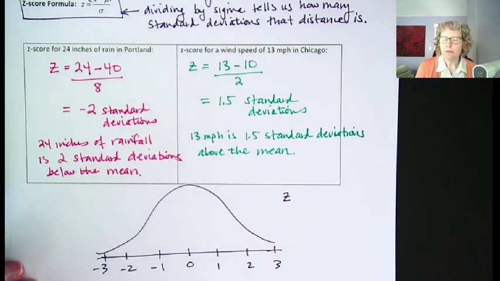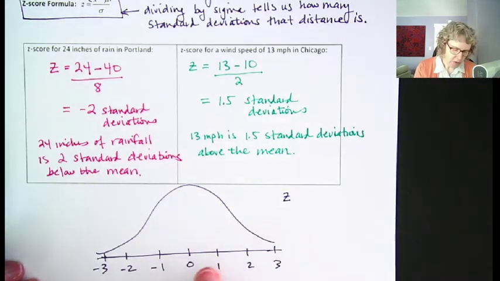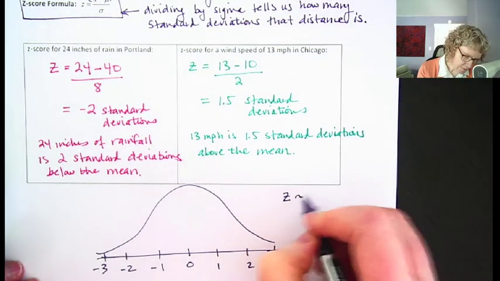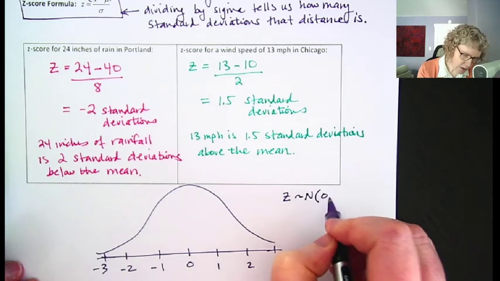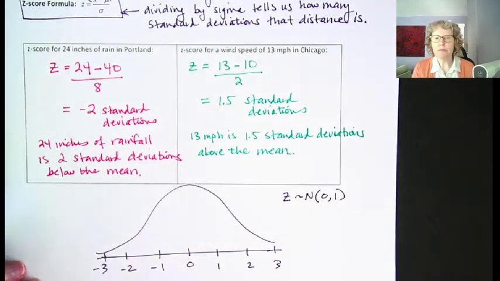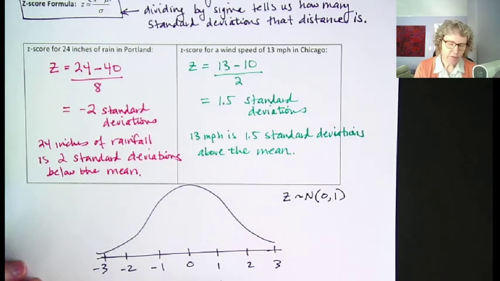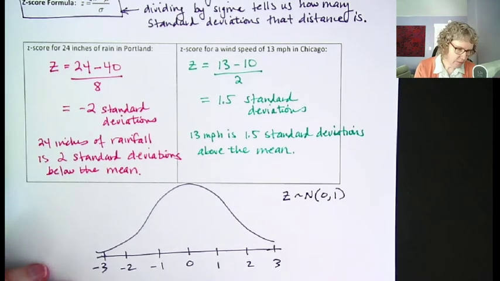So we use X for any regular normal model, but the standard normal is denoted by Z, and that's always normal 0, 1. So the mean is always 0, the standard deviation is 1. You may have noticed when you go into GeoGebra that's the default. I think it is also for online stat book, it's the default, and that's because it's used pretty commonly with z-scores.